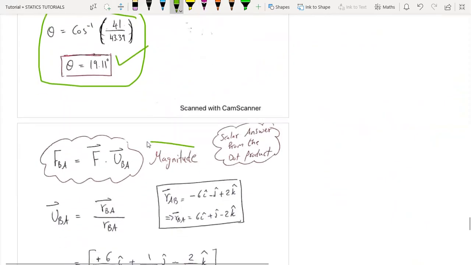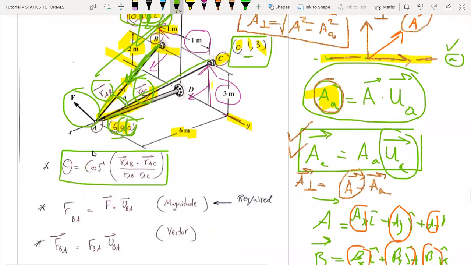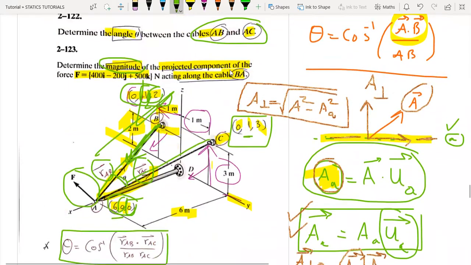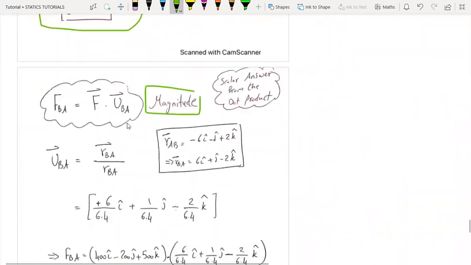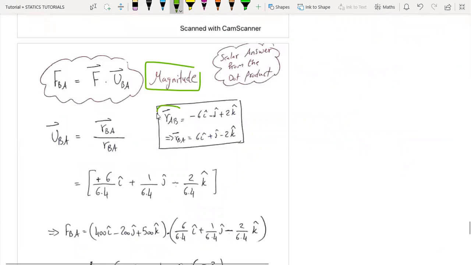Now the magnitude of FBA along the cable BA. Here is the projected component of F acting along, so parallel to, cable BA. Note it's BA, and in the first part we dealt with AB, so what will be different is just the minus sign. rAB will have a minus sign instead of positive j hat.